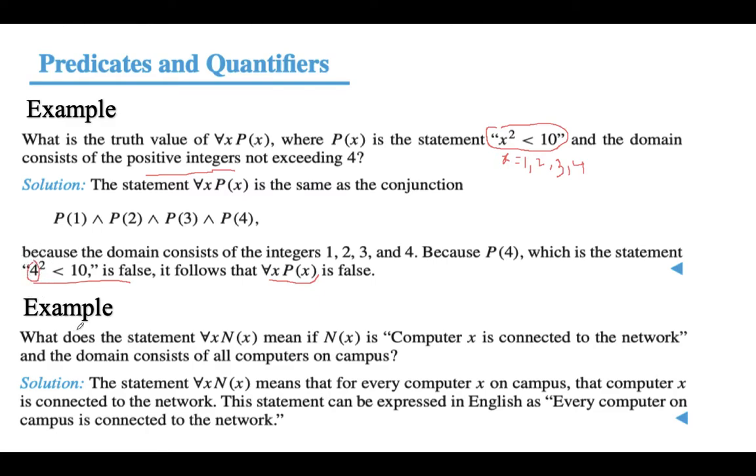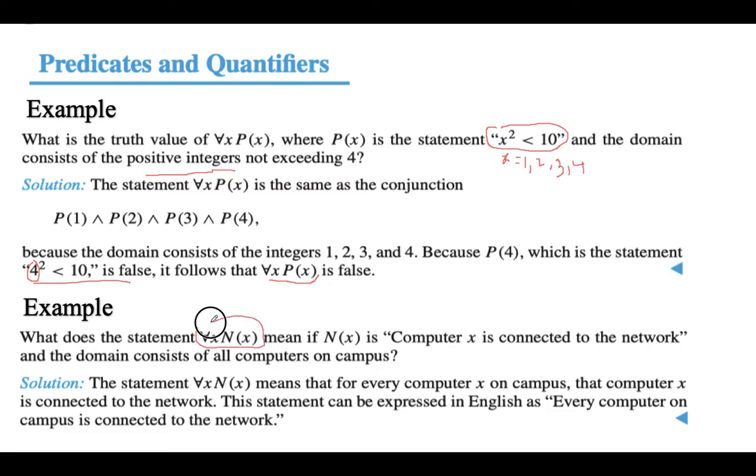Another example: what does the statement for all x N of x mean? If x is a computer, N of x is the statement computer x is connected to the network. Now we are going to see what this statement is.